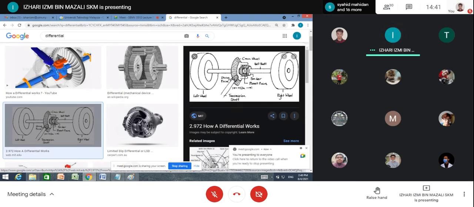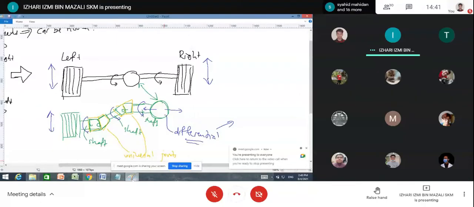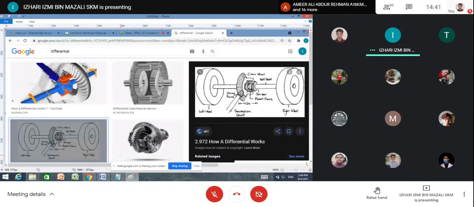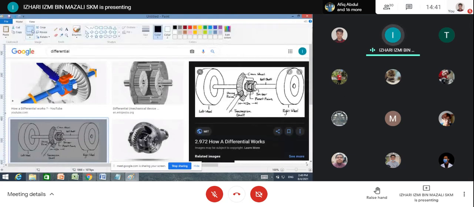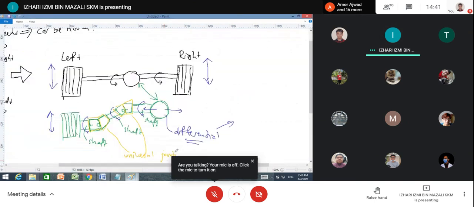Try to copy this. Okay, this is an example of the differential.